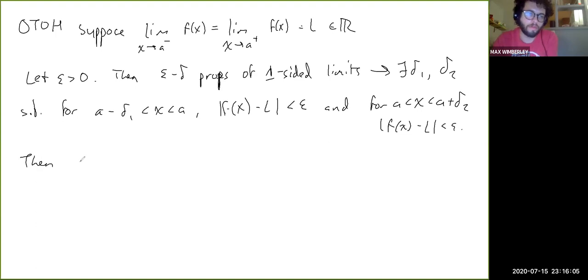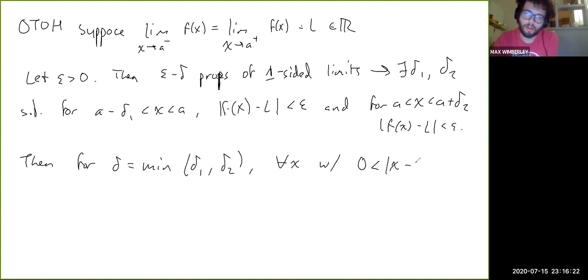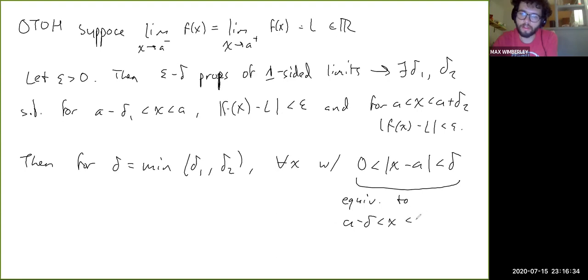Then for delta equals the minimum of delta 1 and delta 2, for all x with 0 less than absolute value of x minus a less than delta, notice that this is equivalent to a minus delta less than x less than a, or a less than x less than a plus delta.